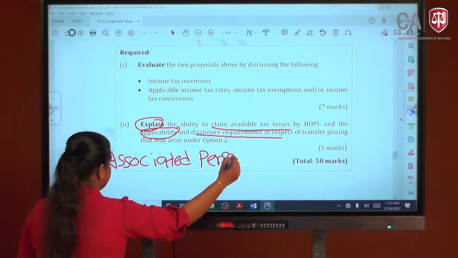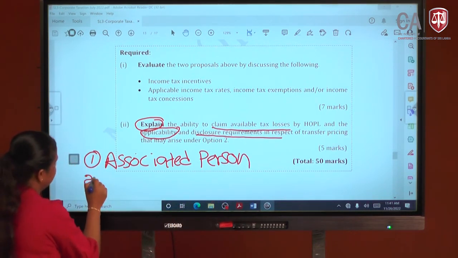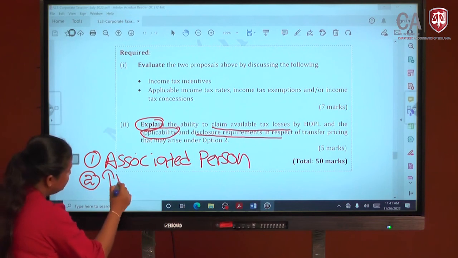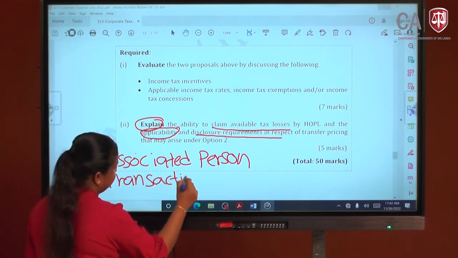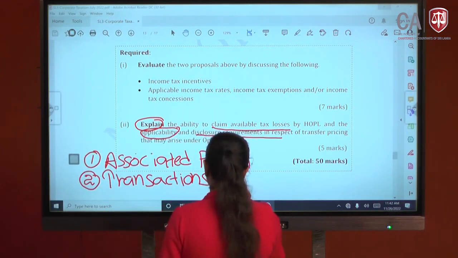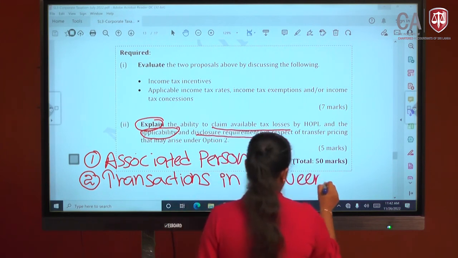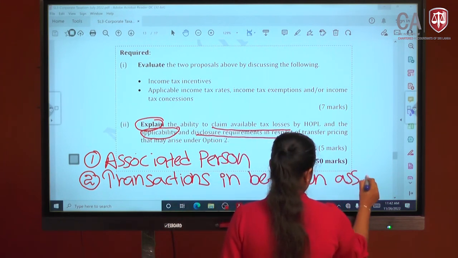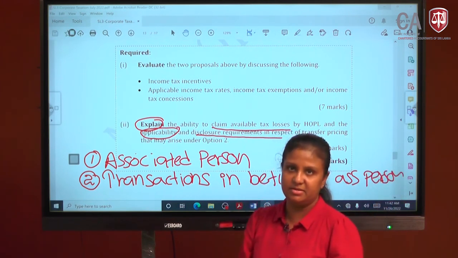Not only an associated person, Lamai, second, there should be transactions in between associated persons.